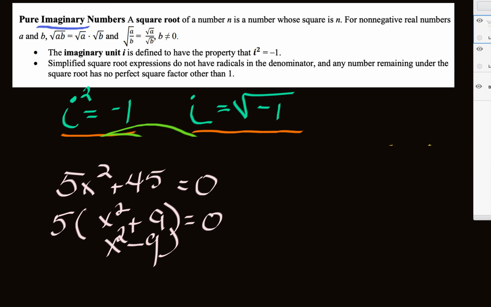I'm going to tell you right now, if you run into a situation, say it's x squared plus 25, you can't easily make this work unless you are using imaginary numbers. So this is, believe it or not, x plus 3i times x minus 3i.